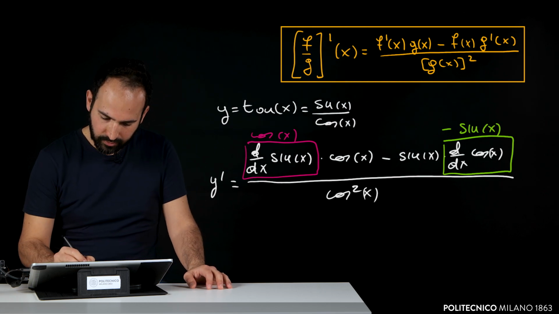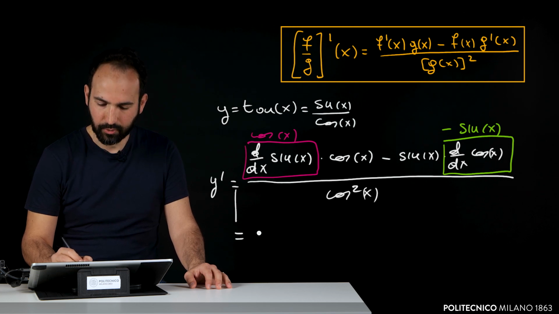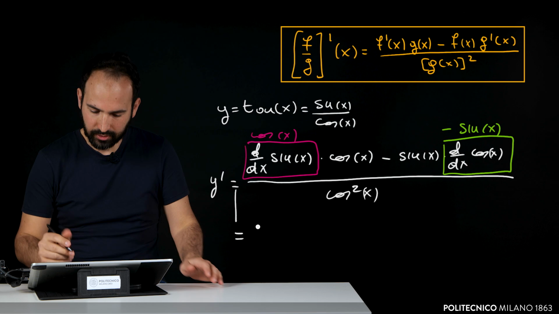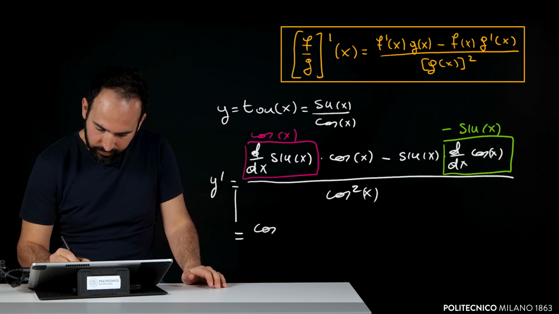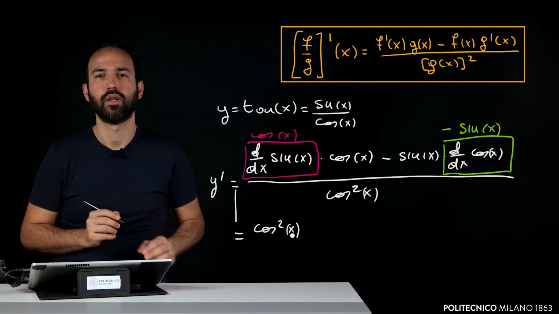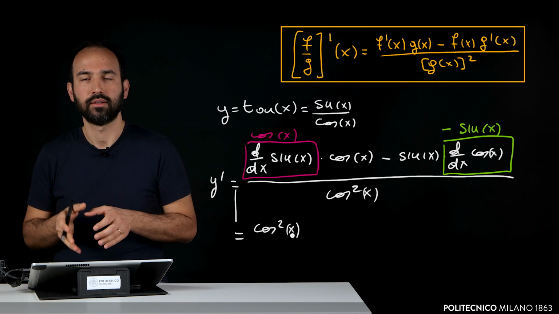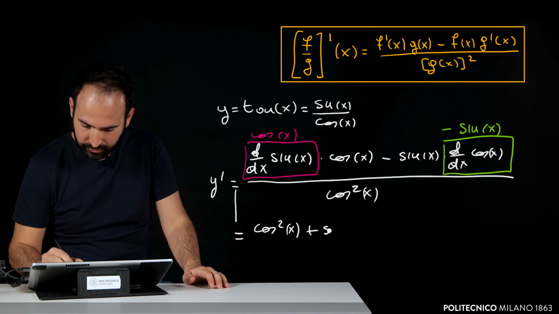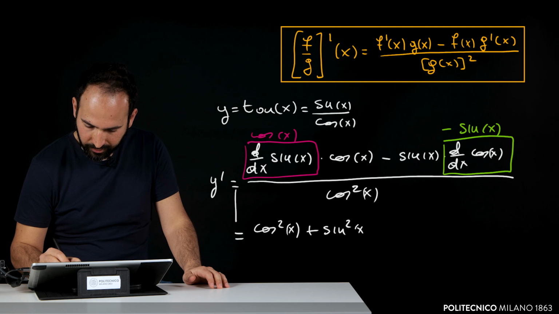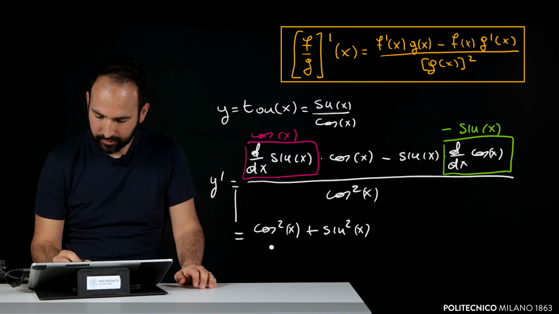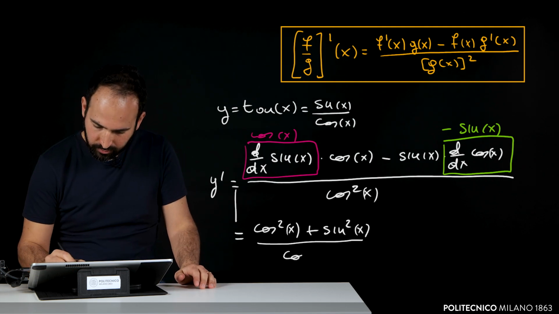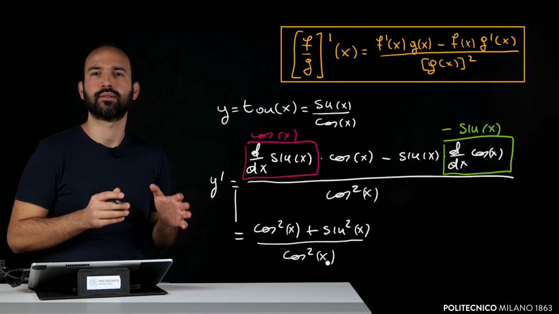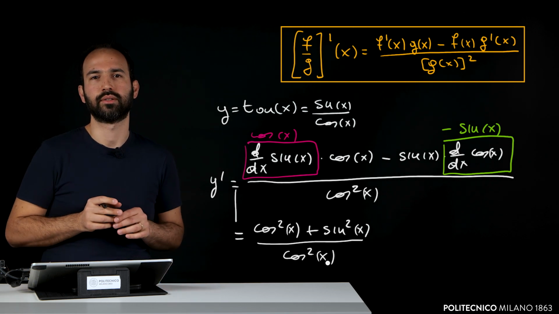So y prime is equal to cosine of x times cosine of x, that is cosine square of x, minus sine of x times minus sine of x, that is plus sine square of x, divided by cosine square of x.